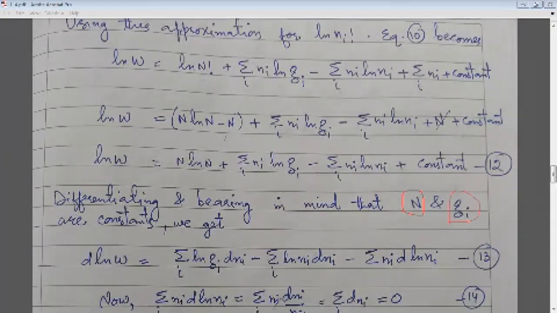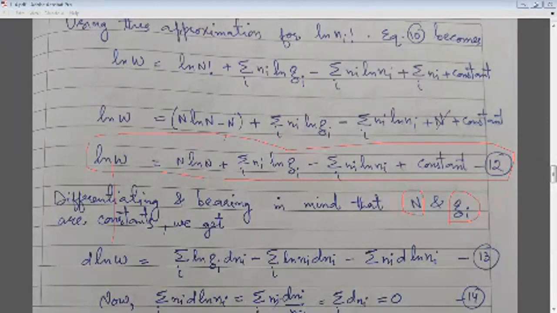So we are taking two points into consideration for a closed system: N and gi are constant. Now if you look at equation 12, first we will differentiate it. This will be simply d ln of W.